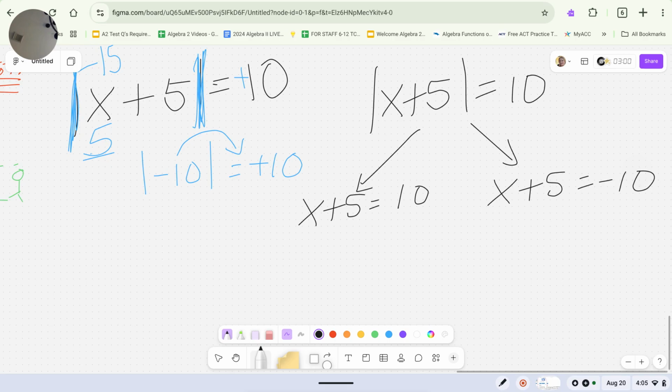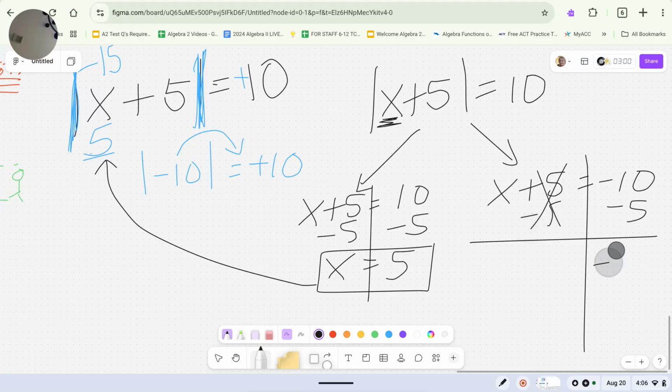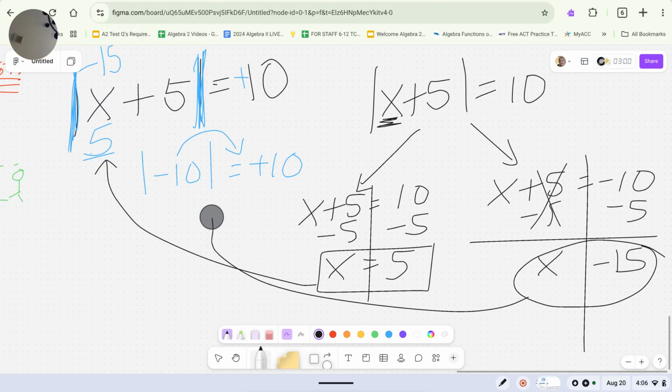That's going to tell me the two things that could be in place of x. We're just solving for x, minus 5, x equals 5, right? Boom. Is that one of them? Yes, it is. X plus 5 equals negative 10, minus 5. This one canceled out, and that's negative 15. Boom. There it is. So those are my two answers.